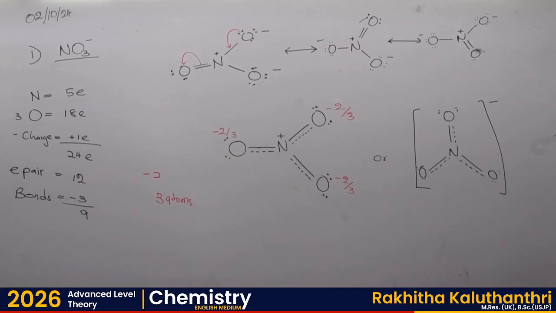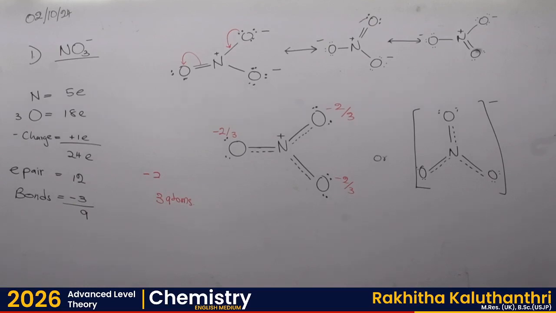Sulfur has 2 double bonds. You can convert one of those also into one pair. So this only works for nitrogen where you can't convert a double bond. Not only for nitrogen. Now period 2 elements are there: lithium, beryllium, boron, carbon, nitrogen, oxygen, fluorine, neon.